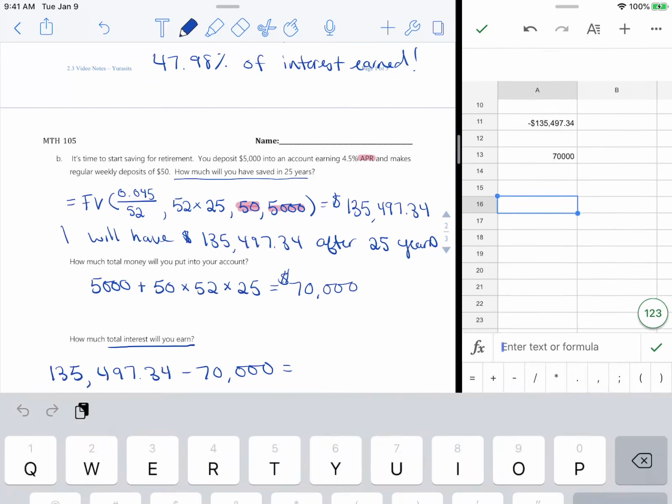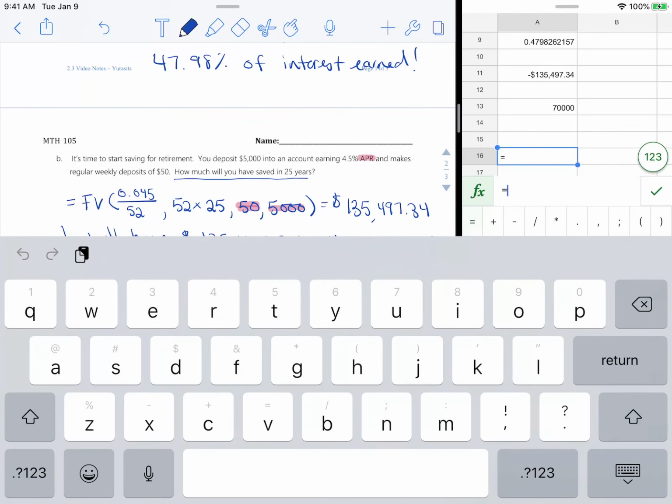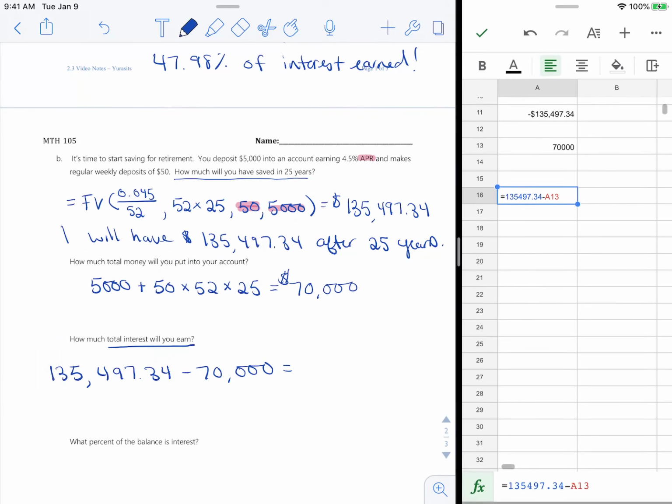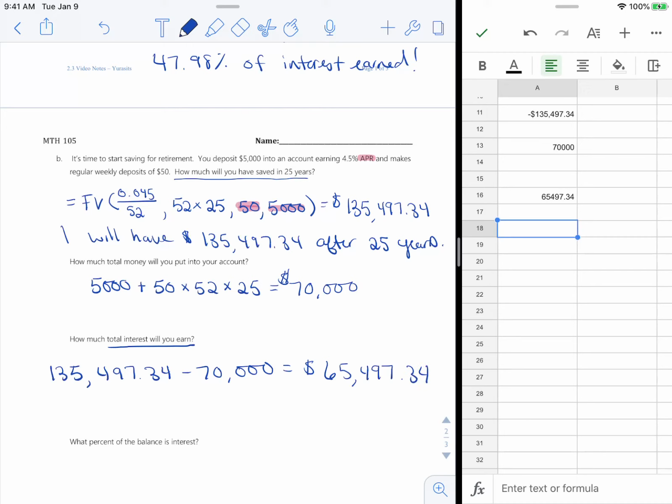So equals 135,497.34. Take away, and you can either type it or I like to select cells to get you used to that because it's coming. So I get $65,497.34 I earned in interest.